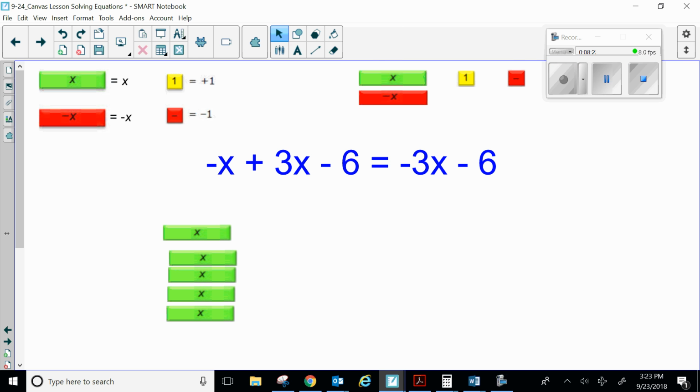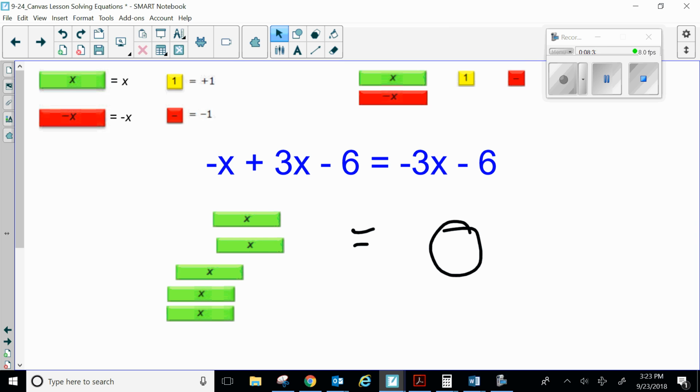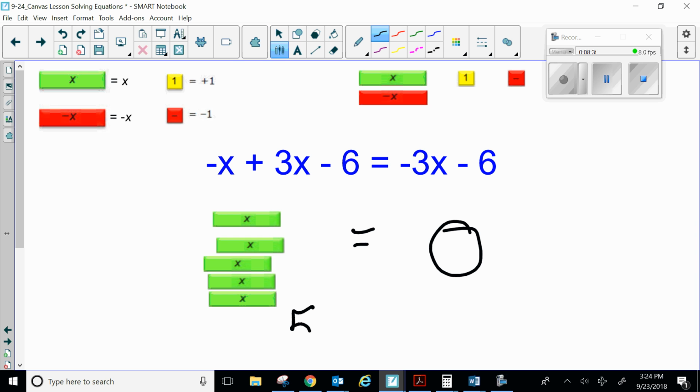So that means I have nothing on the other side, so to go ahead and represent that, I'm going to write 0. So I have 1, 2, 3, 4, 5x equals 0. So if I divide up my zeros evenly amongst my 5x's, I'm still going to have 0. So x equals 0.